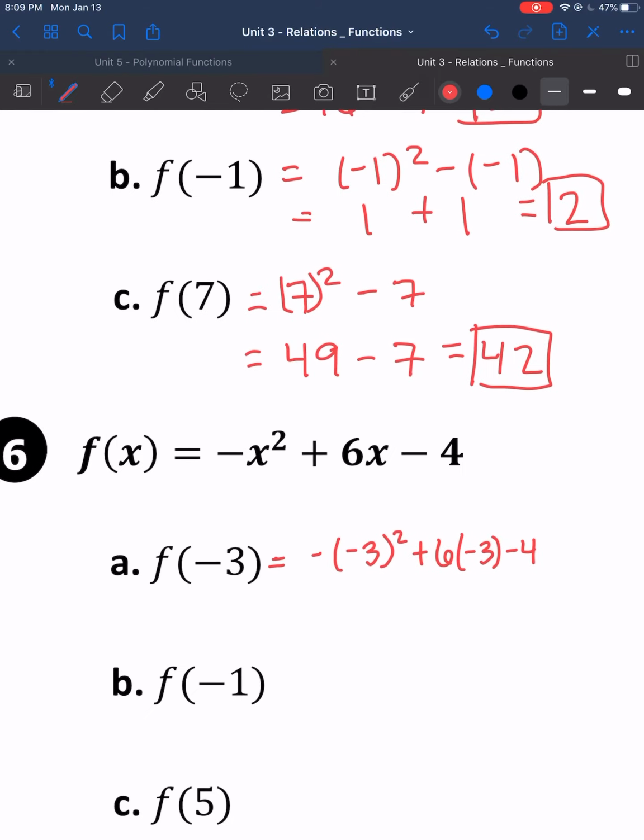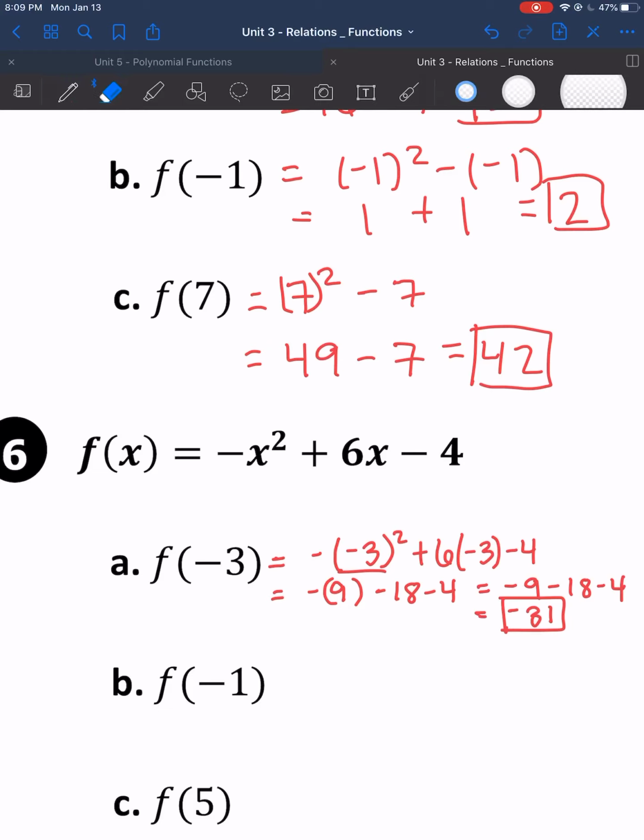Negative 3 squared is 9, but then I have the negative out front that stays, plus 6 times negative 3 gives me negative 18, minus 4. So I get negative 9 minus 18 minus 4. When I subtract all of those, I get negative 31.